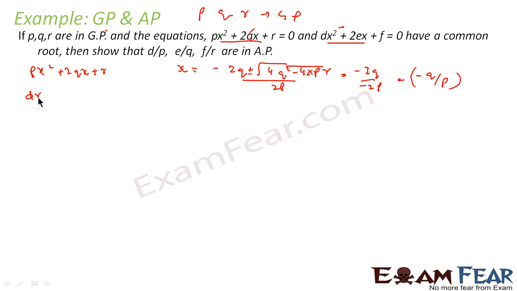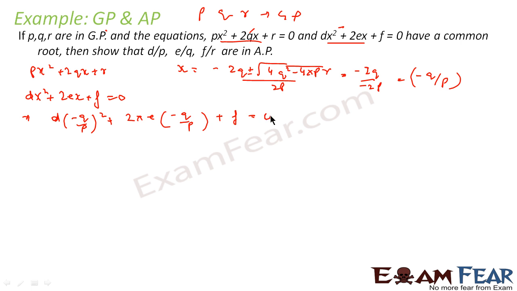So dx square plus 2ex plus f is equal to 0. We can write this as d into (minus q by p) square plus 2 into e into (minus q by p) plus f is equal to 0.